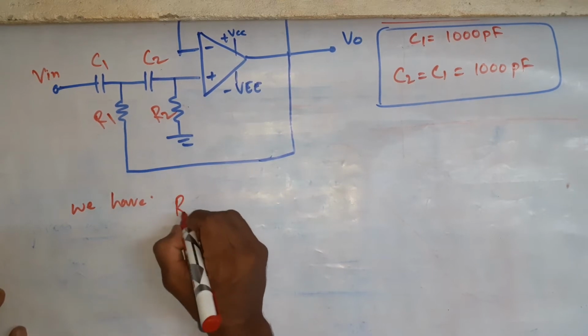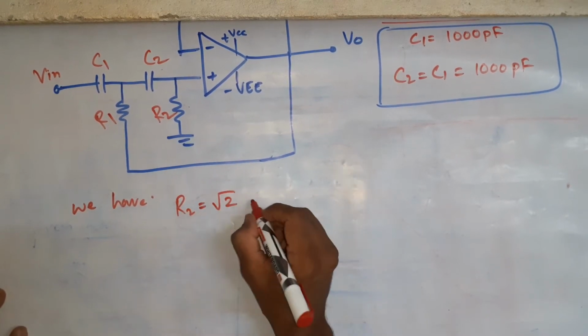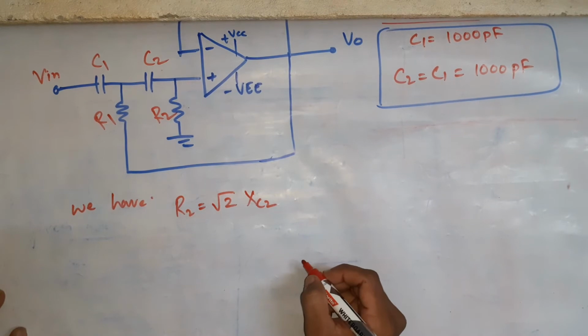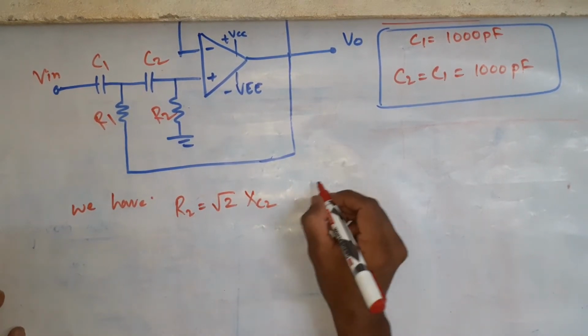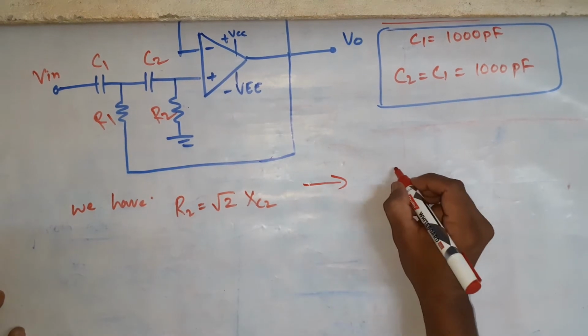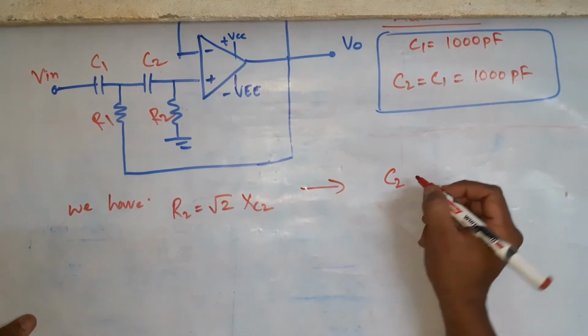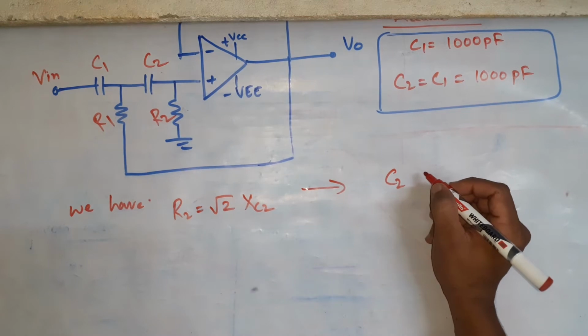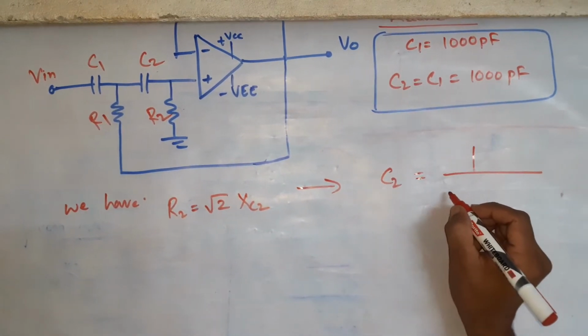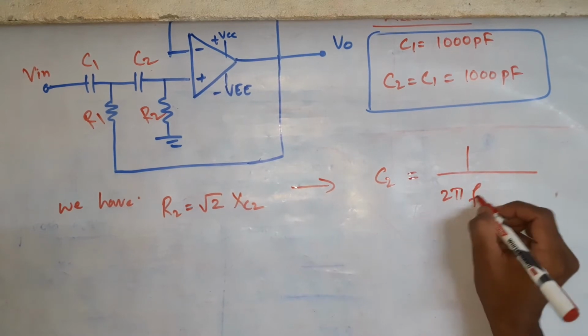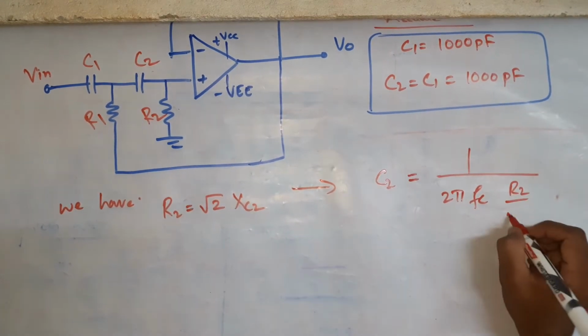We have R2 equal to root 2 times XC2. So this means that we can calculate the C2 value. With this we know this becomes 2 pi Fc R2 by root 2.